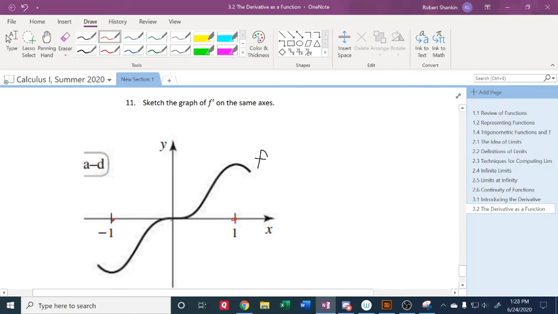Now this one is neither a top of a hill or a bottom of a valley, but it does have a horizontal tangent line. So that also. So I get 3 x-intercepts for my f prime. Everybody good with this so far?